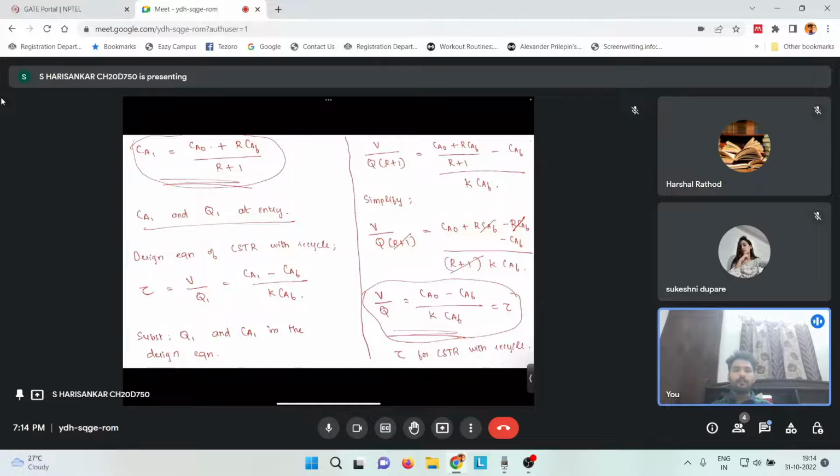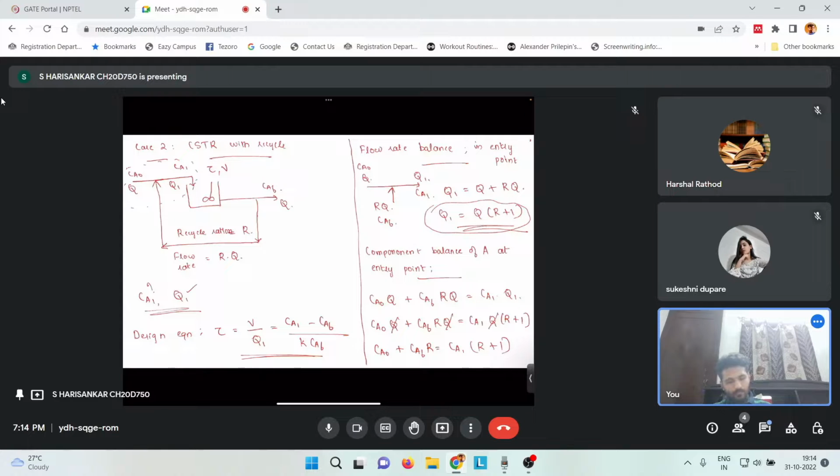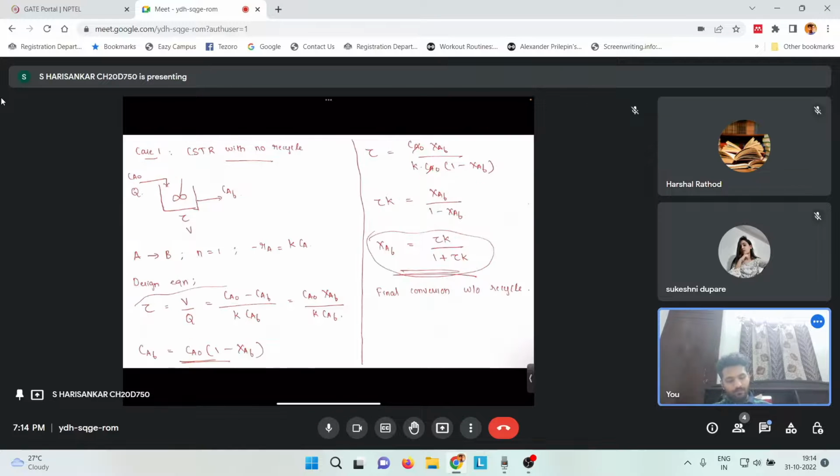Now if we look carefully, the tau for CSTR with recycle is basically equal to the tau for CSTR without recycle, right?